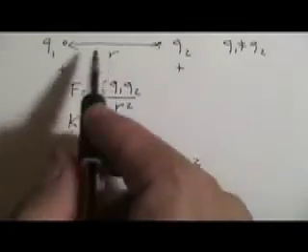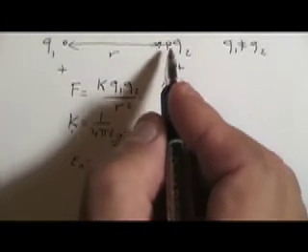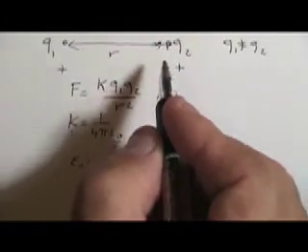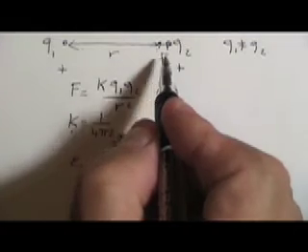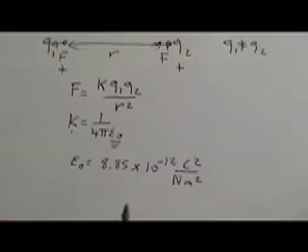Since these charges are positive, the force will be pointing outward, and we can call it F. Here also the force is pointing outward. Now let's see how the electric field looks.